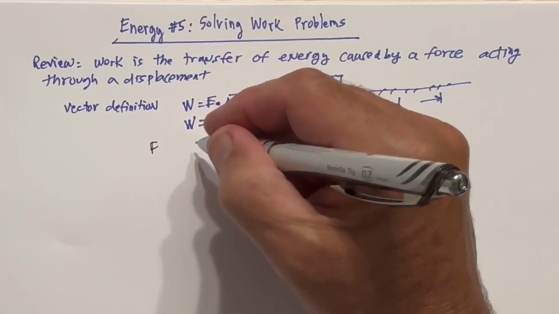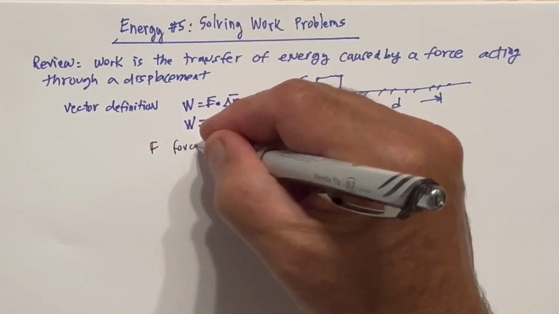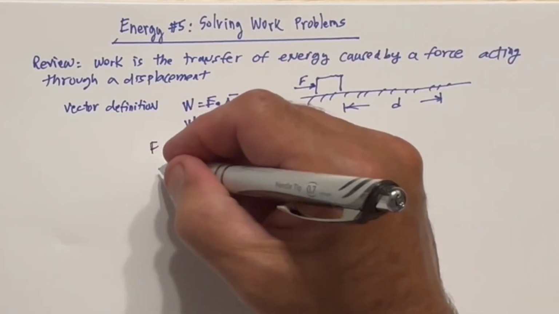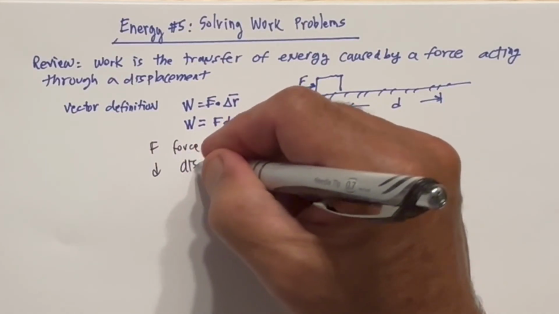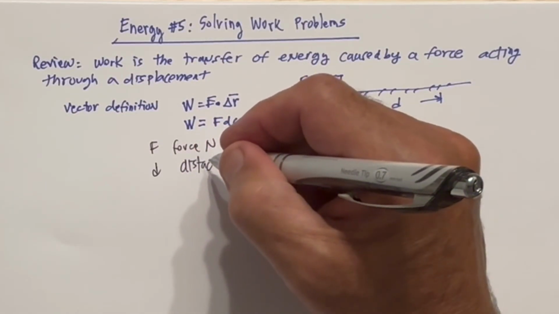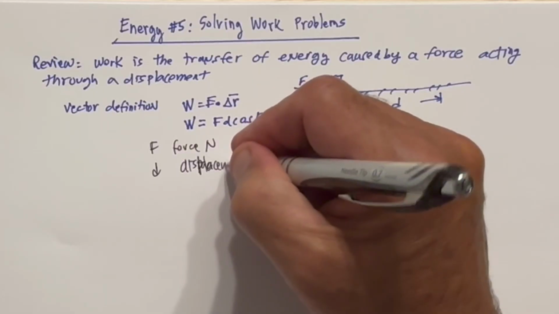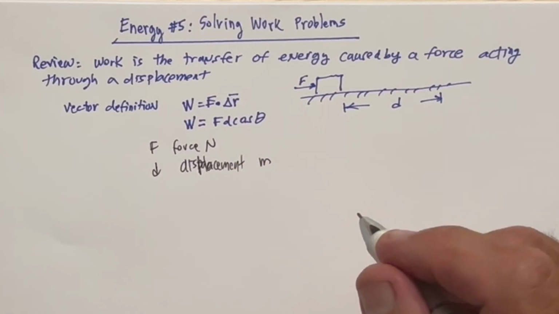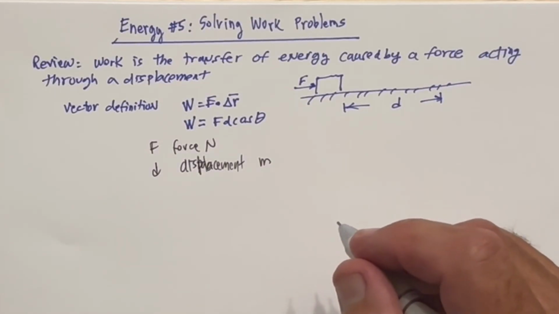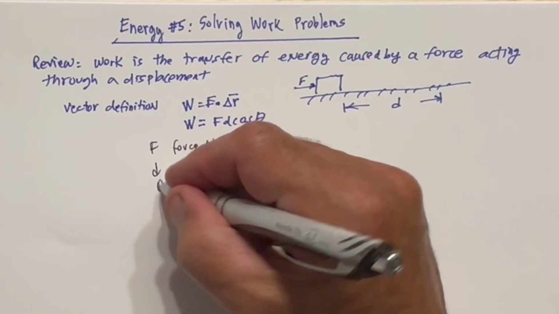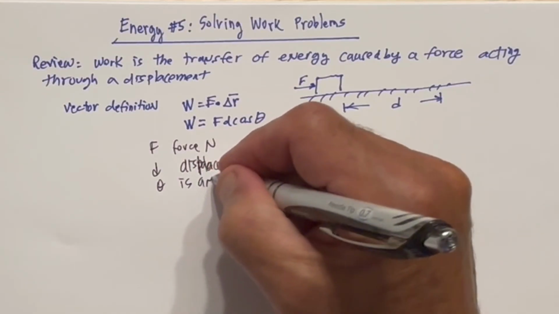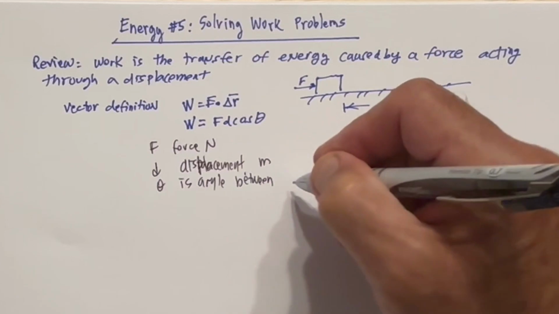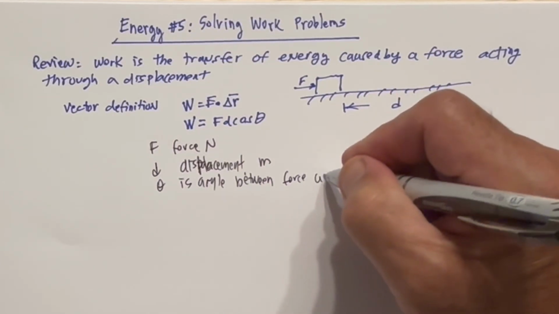Our force has a unit of newtons, and our displacement has units of meters, and that's how far the object moves. And theta is the angle between the force and displacement.